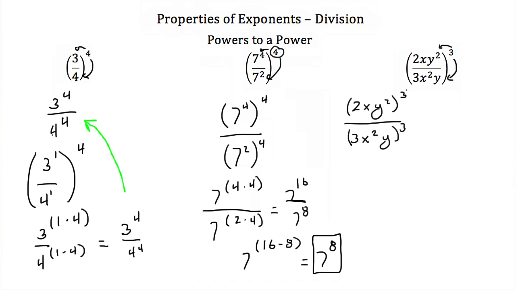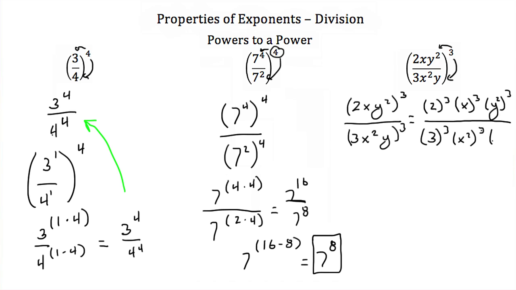Now again, when you take powers to a power, you multiply your exponents. So this will further simplify into 2 cubed times x cubed times y squared, and then cubed again, all divided by 3 cubed times x squared cubed times y cubed.